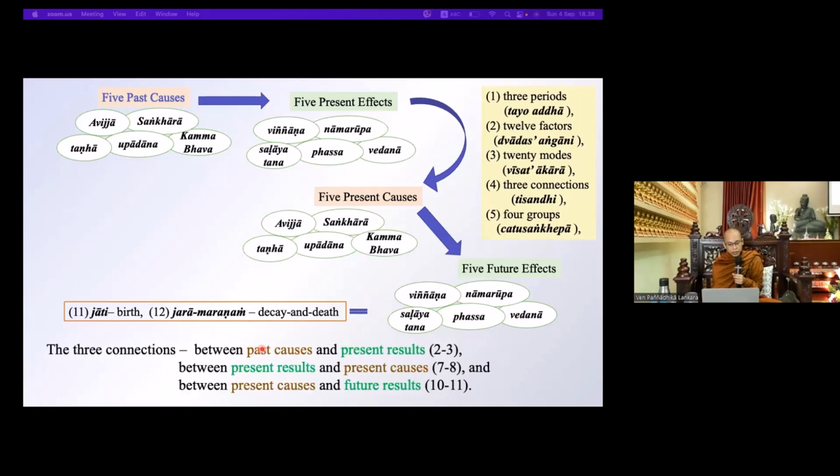So here, the past cause and present result, and the present cause and future result. Also, if we start again here, the future effect leads to the future cause, etc. It will continue as a round.